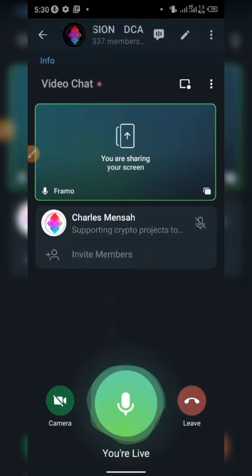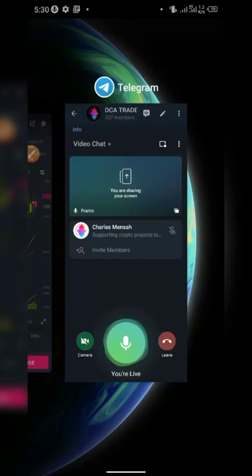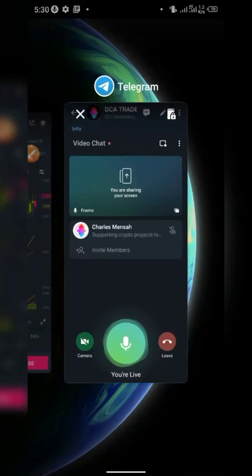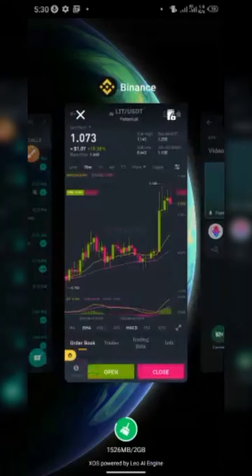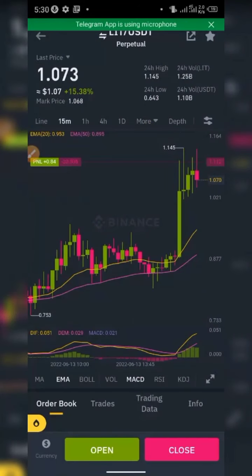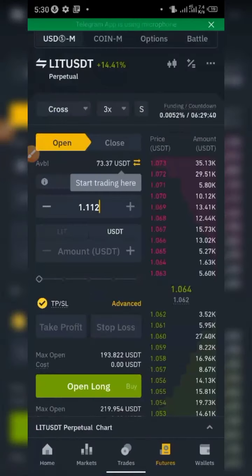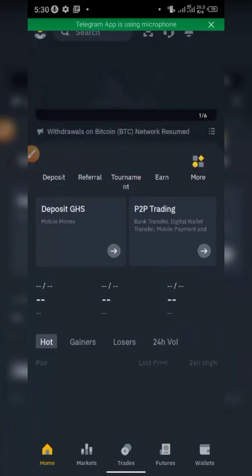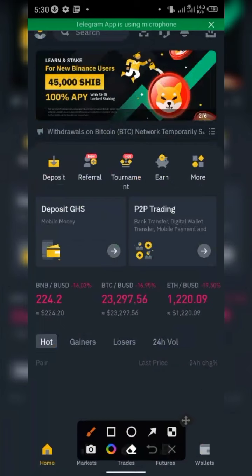So if you go to futures, you open your Binance account. At home, you go to futures.